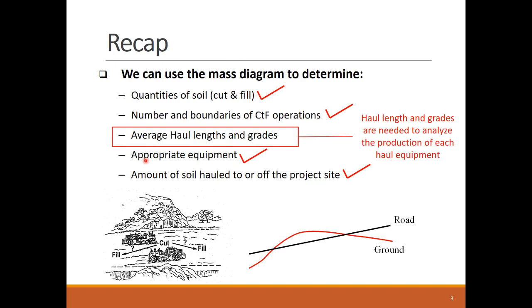As a recap, we learned about mass earthwork diagrams and their main benefits or uses as shown. The mass diagrams enable us to calculate the soil cut and fill quantities at different areas of the project, the number and boundaries of the different balanced CTF operations, the appropriate equipment to use for optimal CTF operations, and the type of the project to be either a borrow or waste site in terms of the net moving volume.